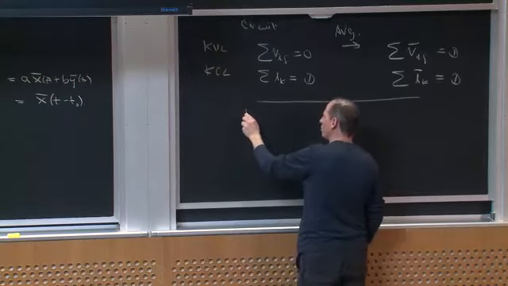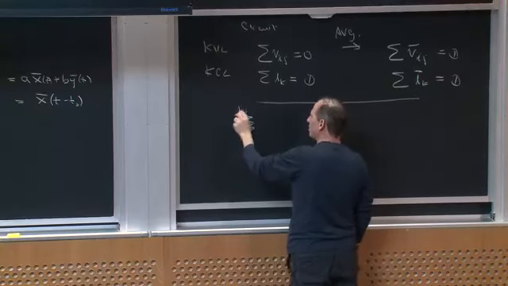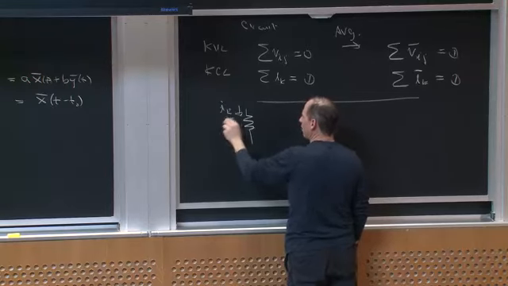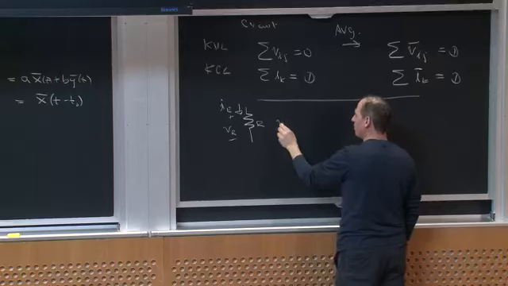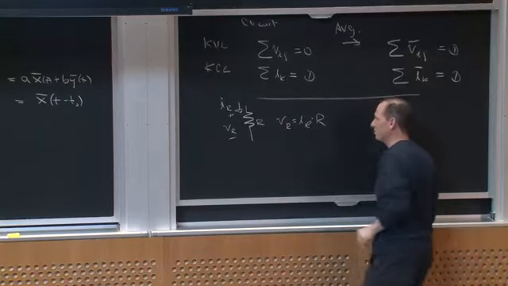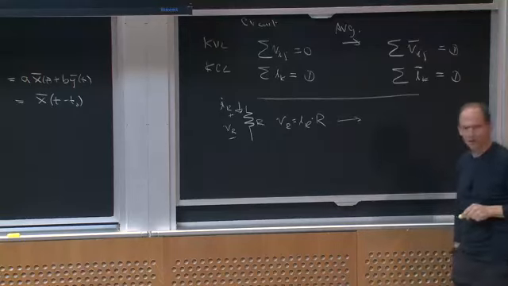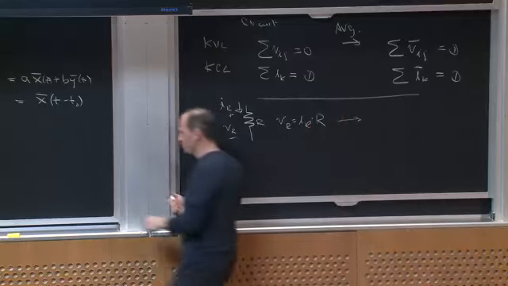Well, if I took my load resistor, what I really have is I sub r and V sub r, and what I get is V sub r is equal to I sub r times r, right? Well, what happens if I take the local average of that? I'm just going to take the local average of this equation, right?